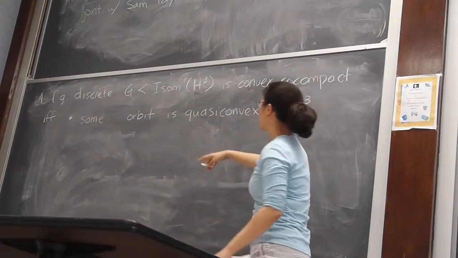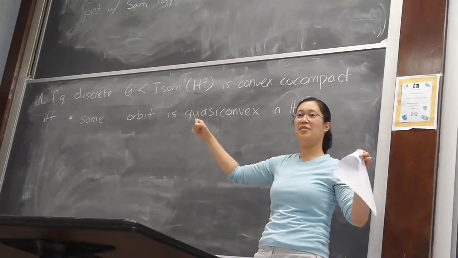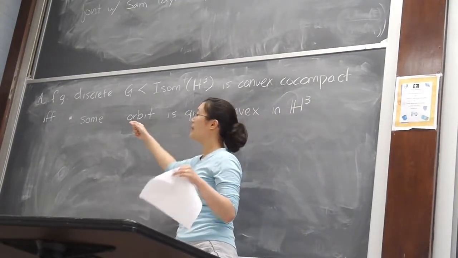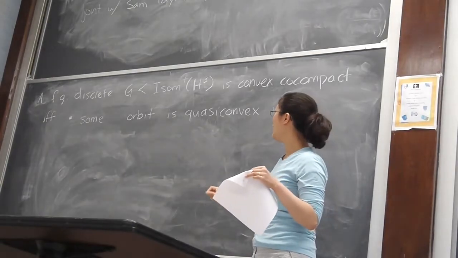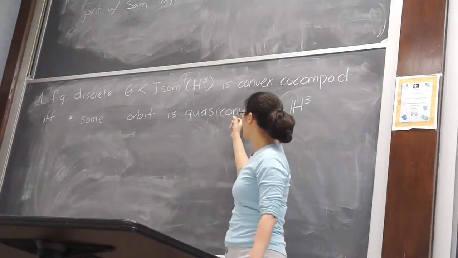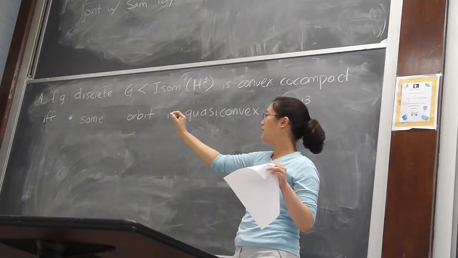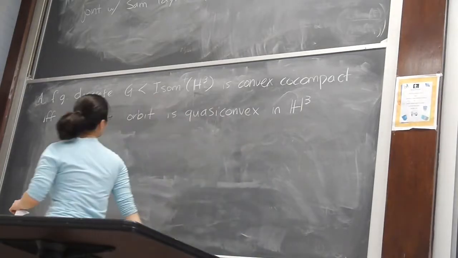I'll remind you that quasi-convexity is almost like convexity. Take the geodesic between any two points in the orbit, and rather than running through the orbit, which you wouldn't expect anyway, it stays a bounded distance from the rest of the set. So that's the quasi part right there.